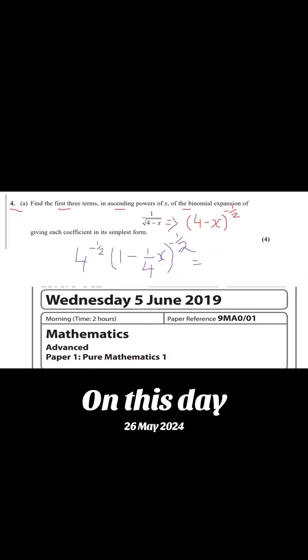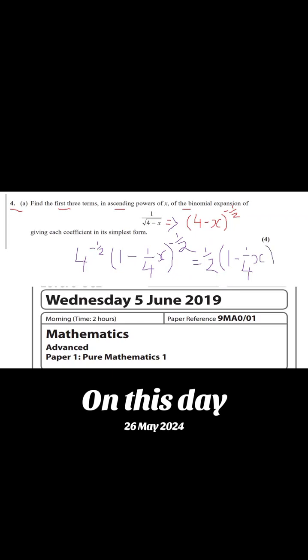At the beginning it was in the form 4 plus something, so we factor that out. 4 to the minus a half is 1 over root 4, which is a half. So we have a half brackets 1 plus a quarter x to the minus half.